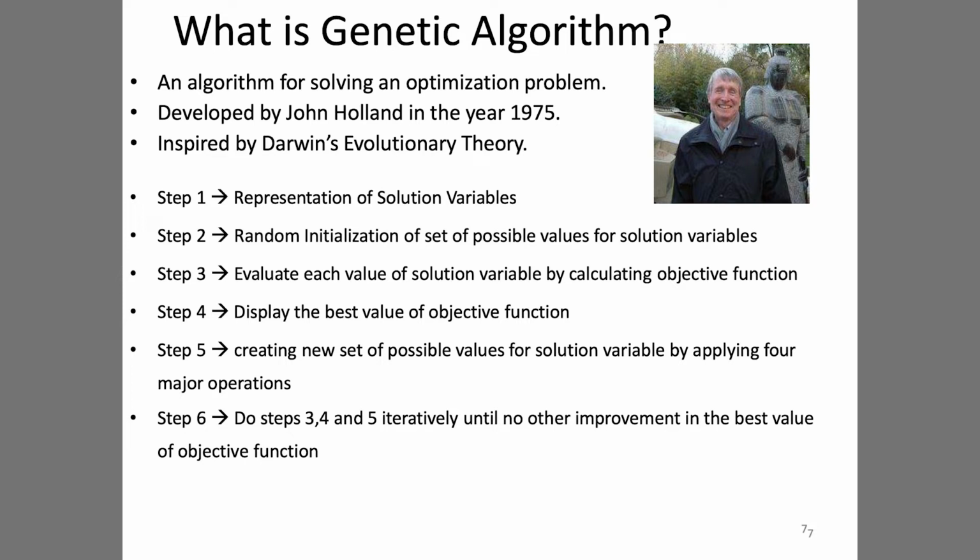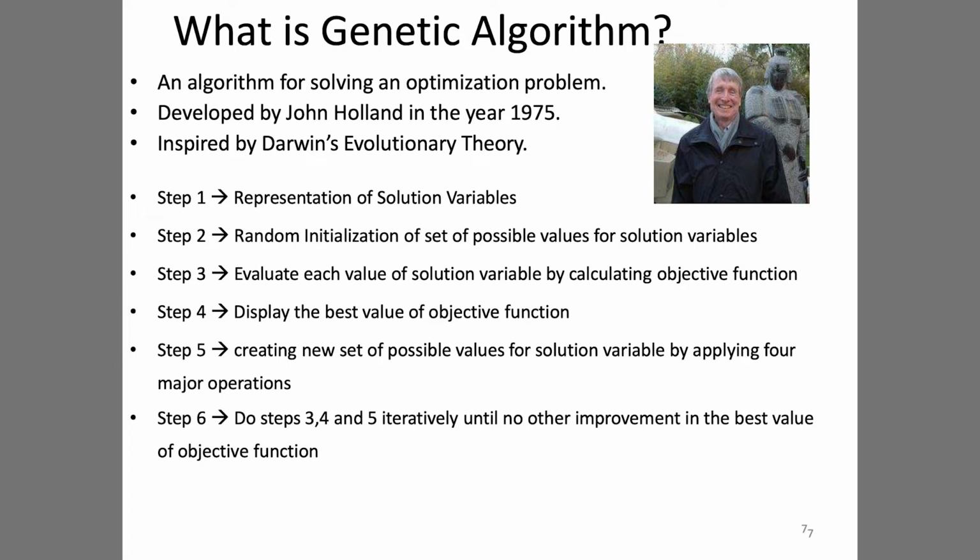So what are the steps of this particular algorithm? If you look at the slide, the first step while applying the genetic algorithm to any optimization problem is representation of the solution variable. The second step is random initialization of a set of possible values for the solution variable. The third step is to evaluate each value of the solution variable by calculating the value of the objective function, and step 4 is selecting the best value for the objective function.